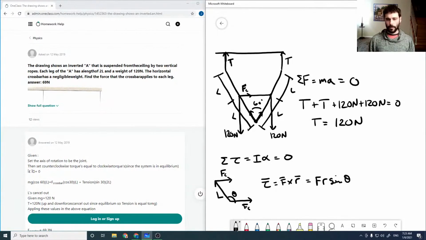So we've bisected this angle here, so this angle in here would actually be 30 degrees. This is 90.